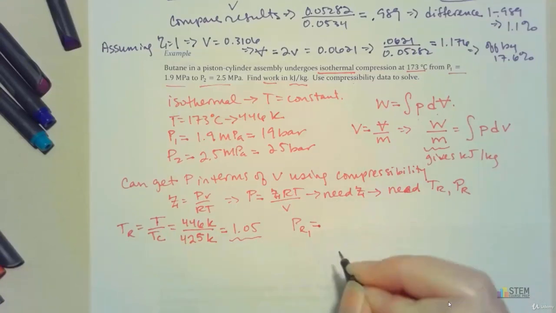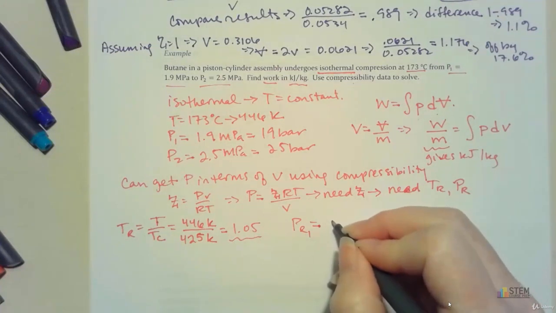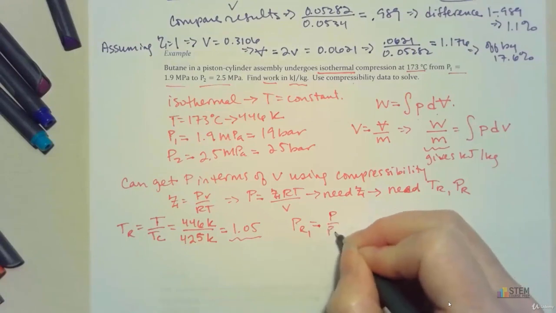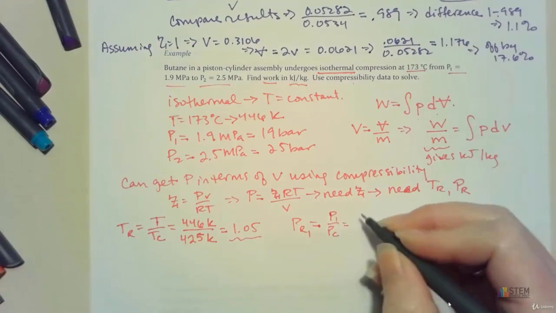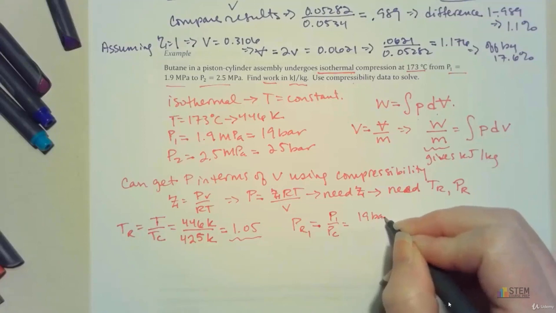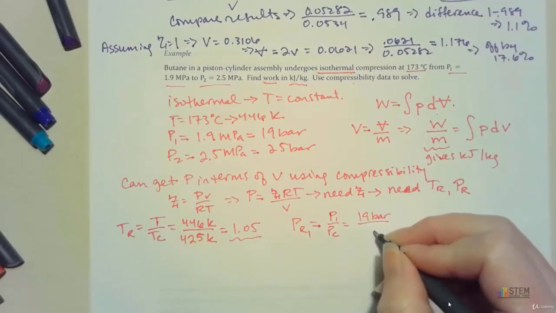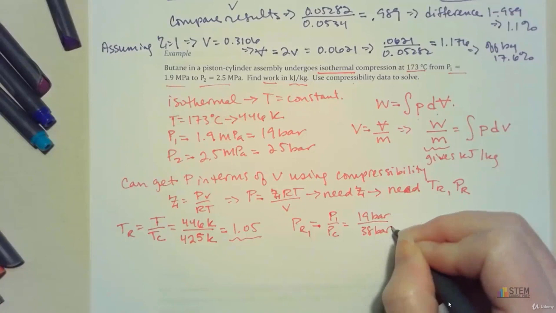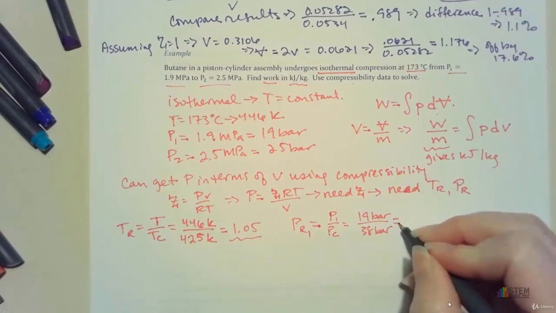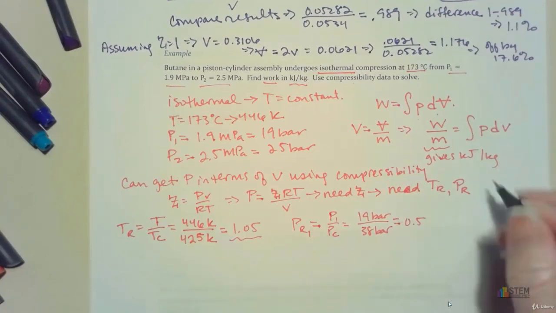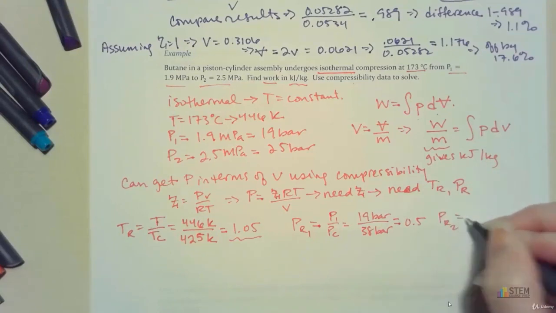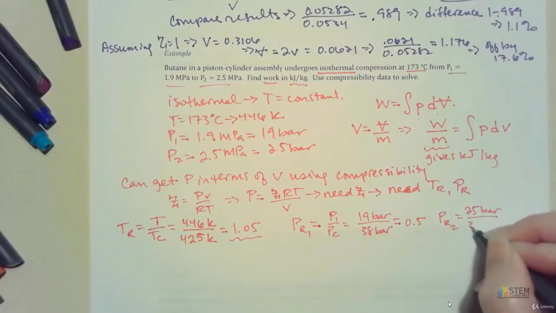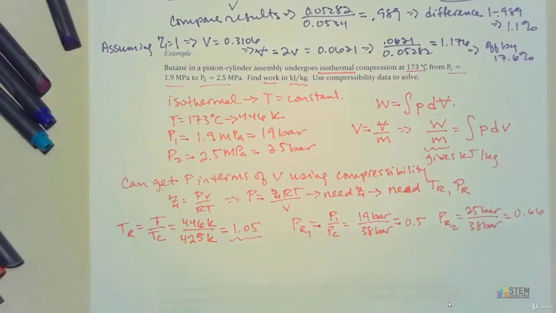So let's find the first one. This is going to be pressure over the critical pressure. P1 is going to be 19 bar. Critical pressure of butane in the table, if you look it up, you get 38 bar. That gives you 0.5. Do the same thing for state 2. That pressure is 25 bar, put it over 38 bar. And here you'll get 0.66.